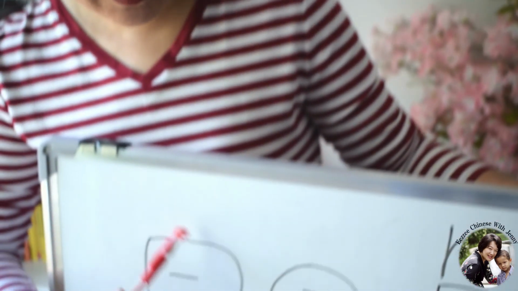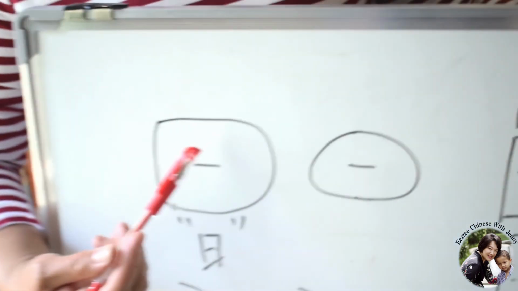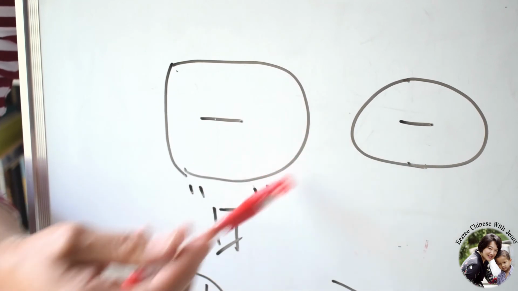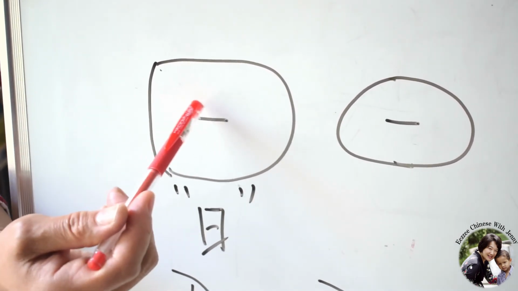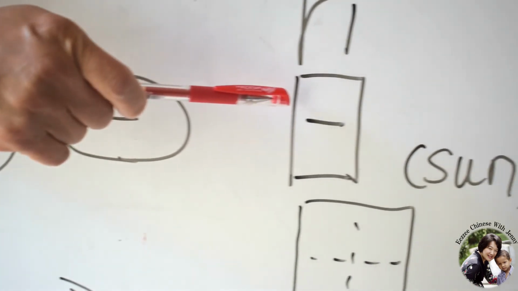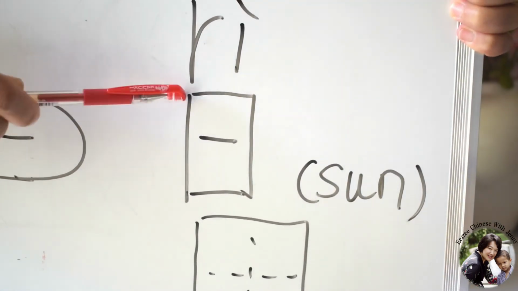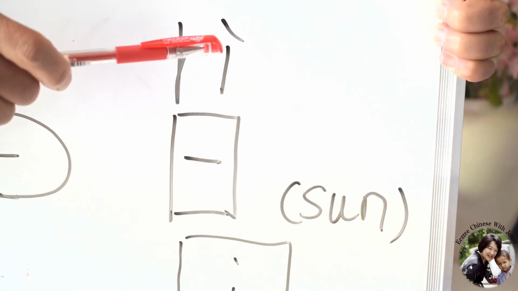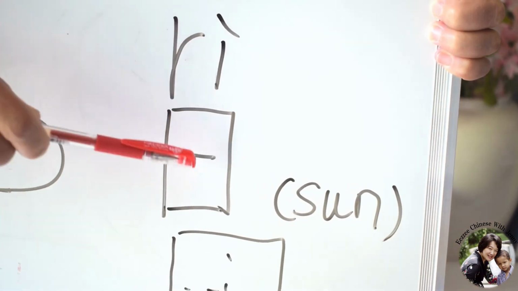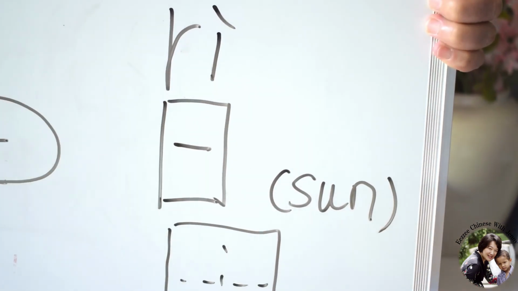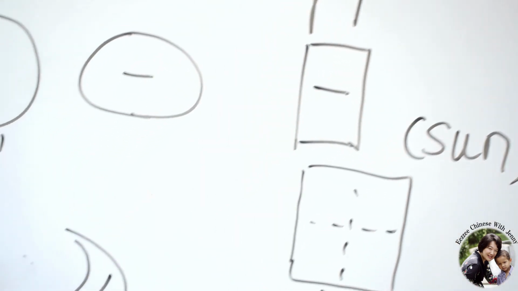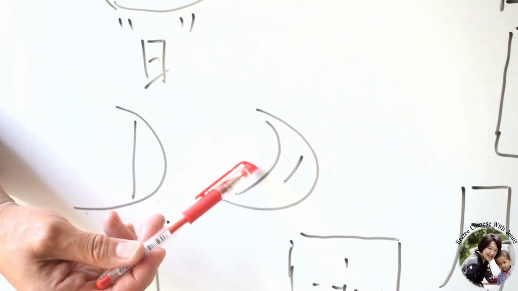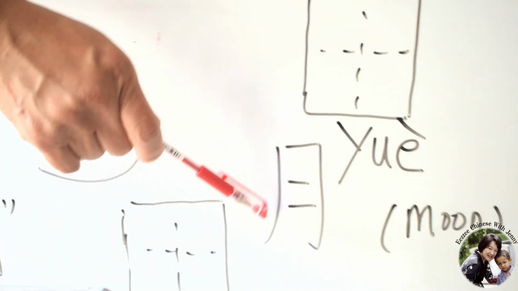Now let's learn these two characters together. The first one, look, this is the shape of the sun. The sun, a round shape, one short stroke in the middle, and currently we write it like this, and the pronunciation is ri. 日 means the sun. This, you can tell, is the shape of the moon, and currently we write it like this.